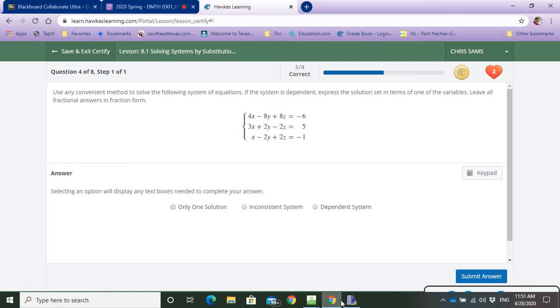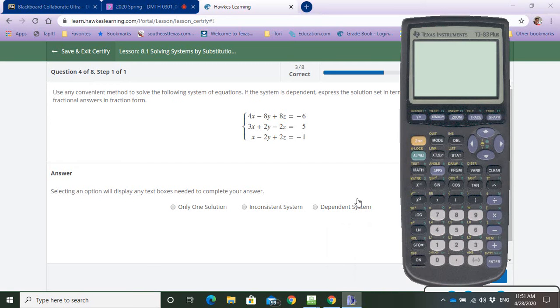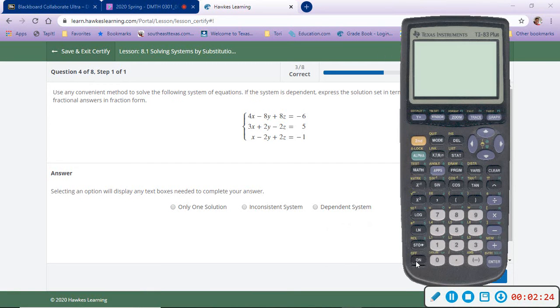Actually, I want to show you what that looks like with the calculator as well. So I'm going to turn this on, and I'm going to clear out what we did. Second matrix, go over to edit, hit enter. We still have 3 by 4, so enter. I'm going to put in the new coefficients, so 4, enter, and then -8, and then +8, and then -6.